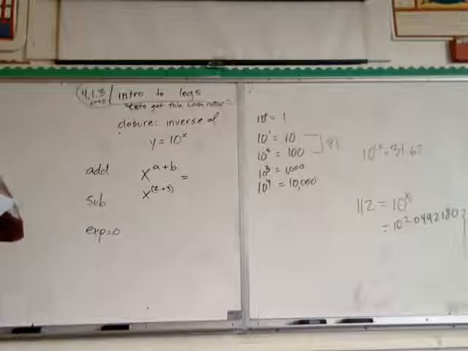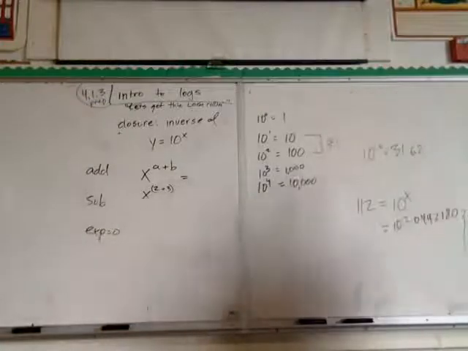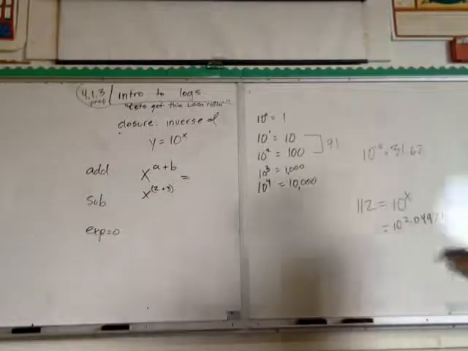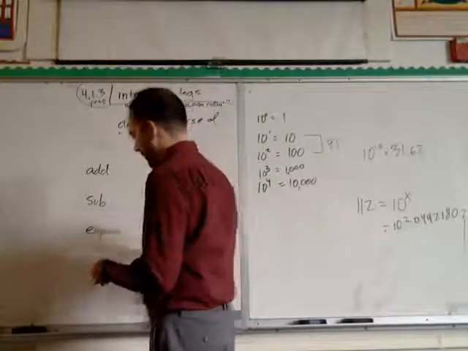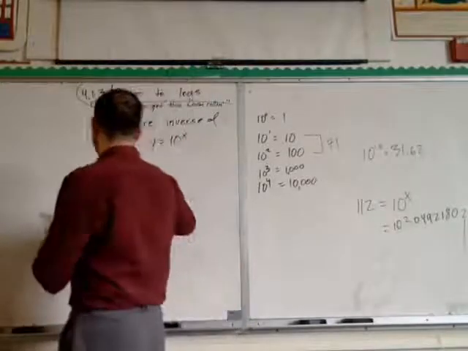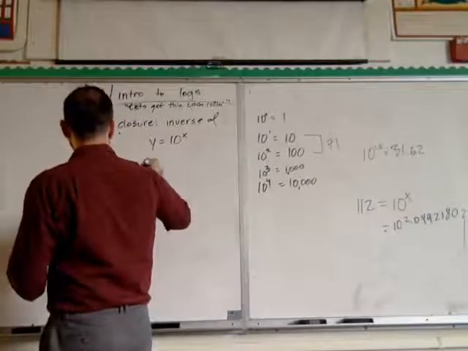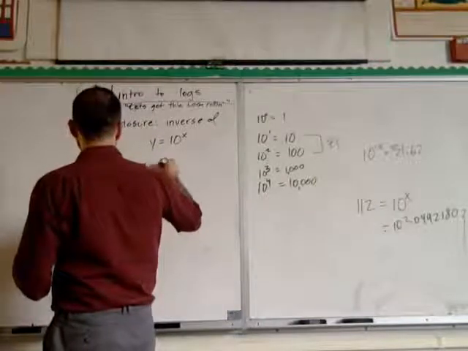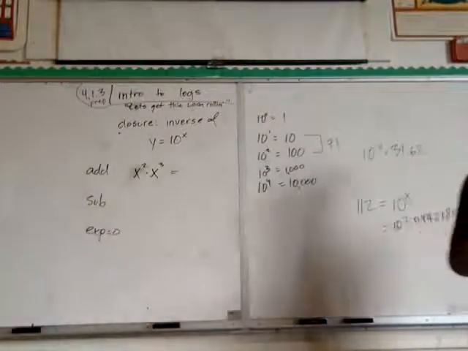What is going to be the outcome of this exponent rule? You guys remember when we add exponents? When we have x squared times x to the third, what do we end up with for our exponent?